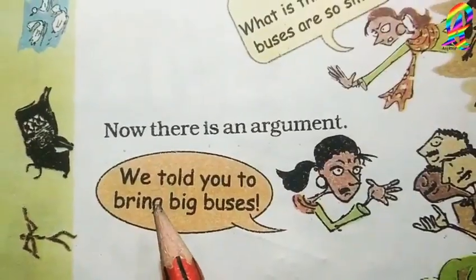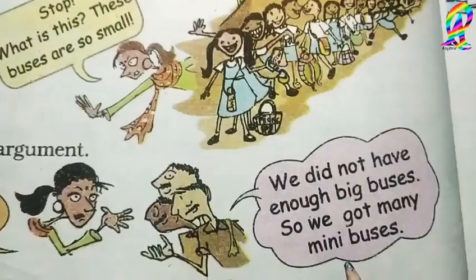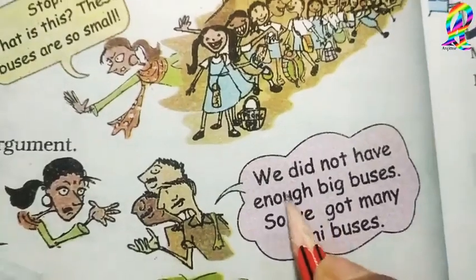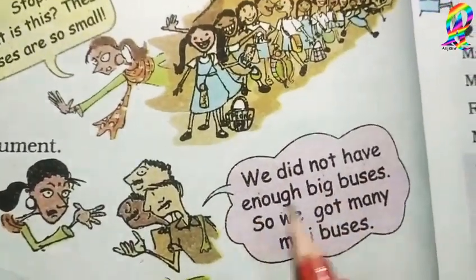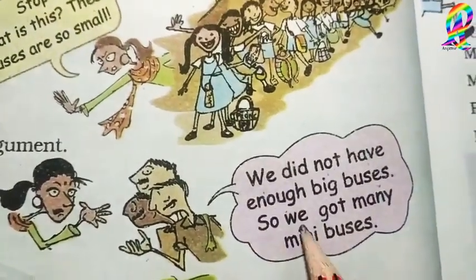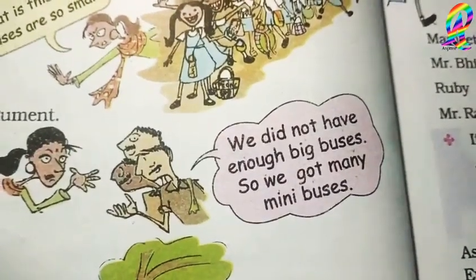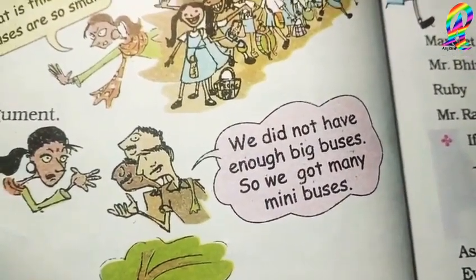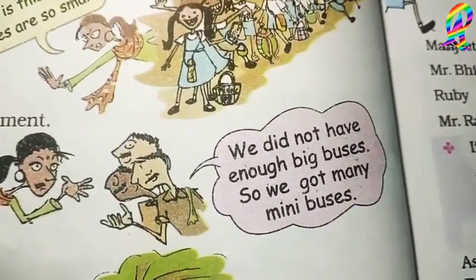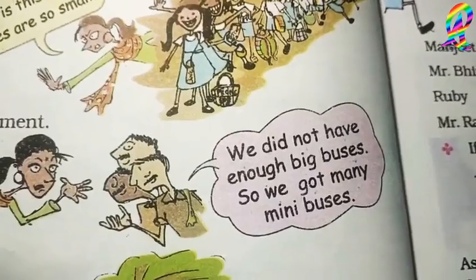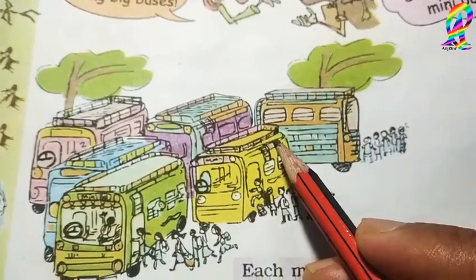We told you to bring big buses, but the driver says that we did not have enough big buses, so we got many mini buses. Here the bus driver wants to say that we do not have enough big buses, but I have many mini buses. You can see here, these are mini buses.